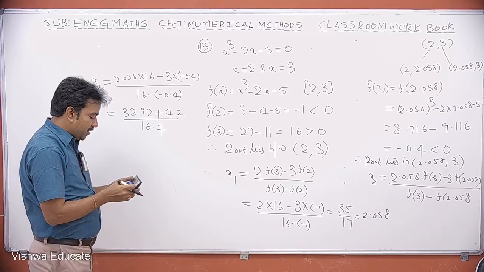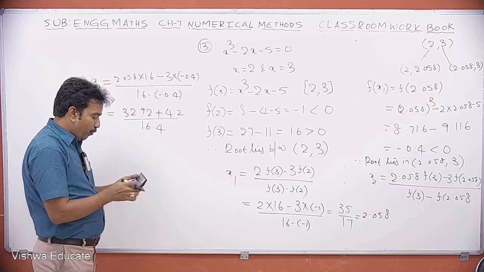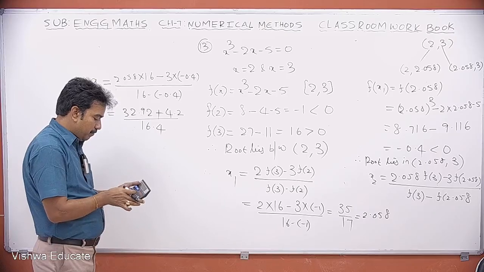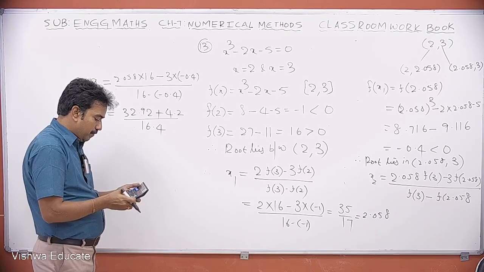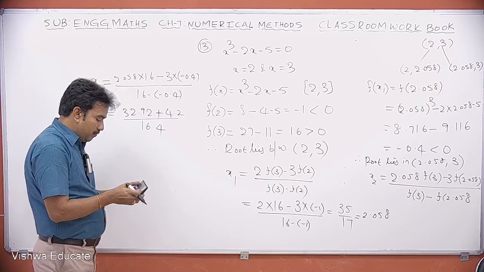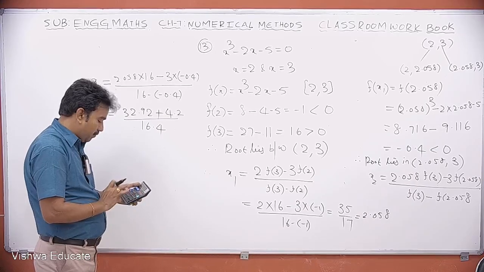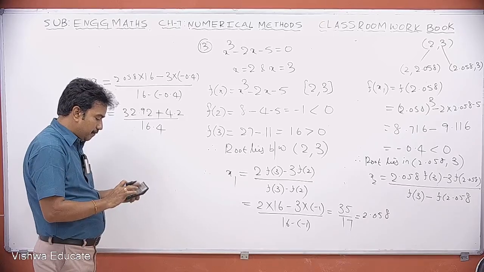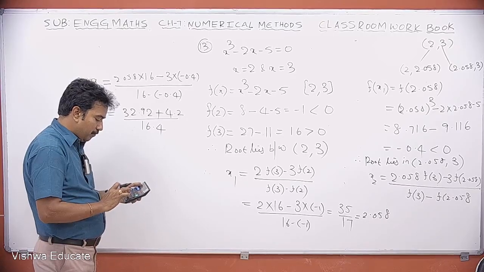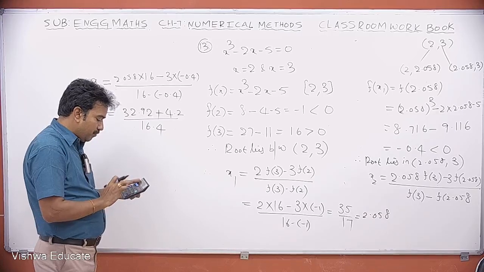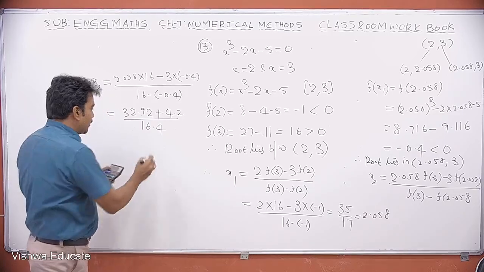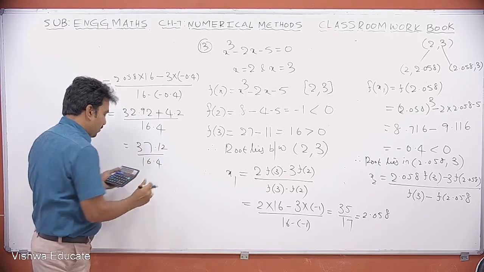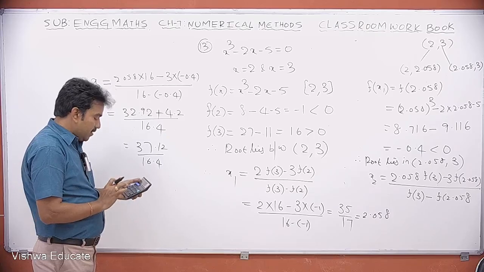So therefore this is 4.2 plus 32.92. This is 37.12 divided by 16.4.